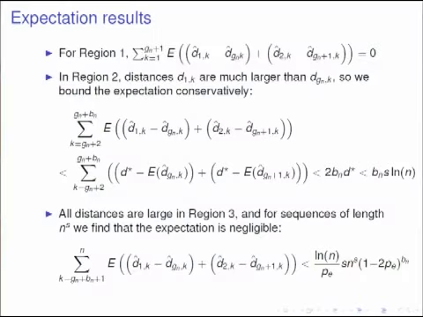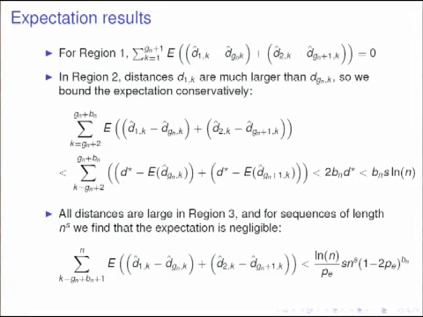In region 2, this is a region where we've moved far enough that distances from 1 to k are quite large, but distances from gn to k are still fairly short. So these are points that are close to gn, but pretty far from 1. Here, we said, all right, let's be generous. We'll say that every single distance from 1 to k is as big as it could possibly be, and all the distances from gn to k are small, and we'll just call it 2bn d star.